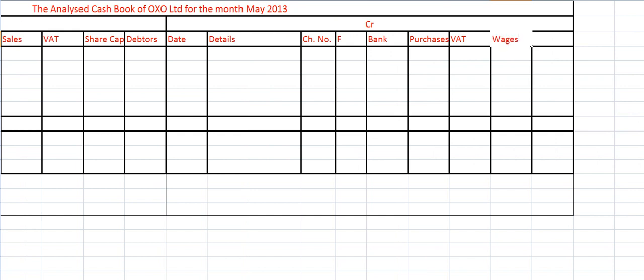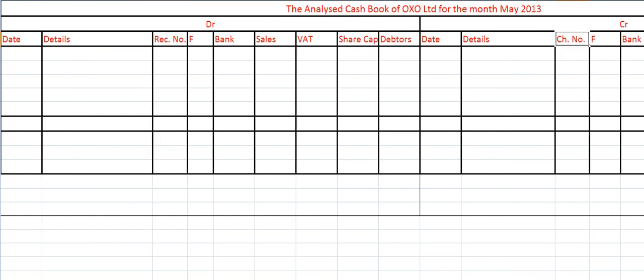So this is where you analyse the different expenditures. Obviously you have cheque number over here instead of receipt number over here. Okay, so the first transaction was on the 4th of the 5th, and the shareholder invested 60,000 and this was lodged.